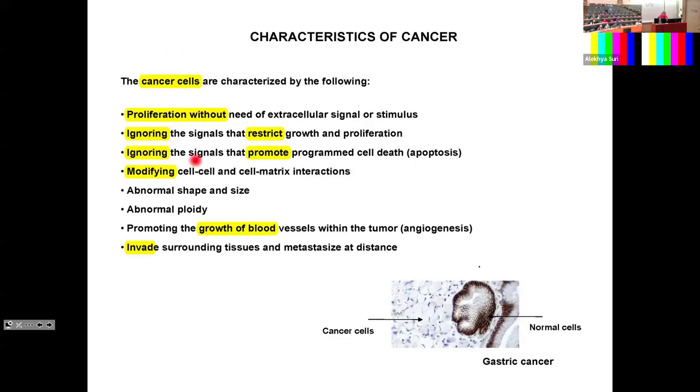Also, the cancer cells ignore all the signaling that restricts growth and proliferation. They ignore the signal that promotes programmed cell death. For those that saw it in biology previously, apoptosis, or programmed cell death, happens when you have a cell that has DNA damage.